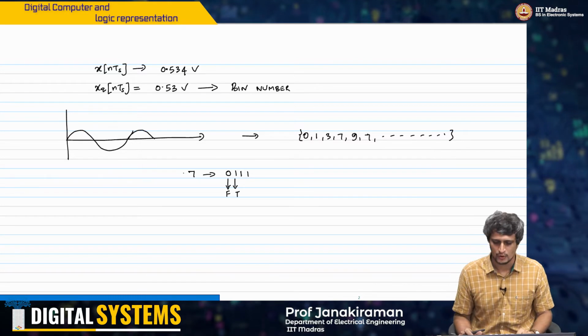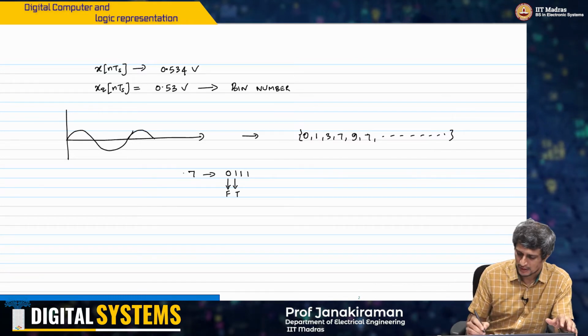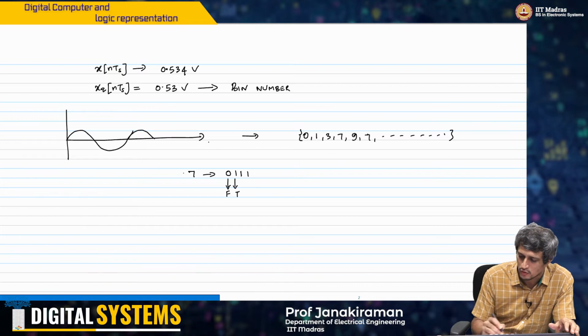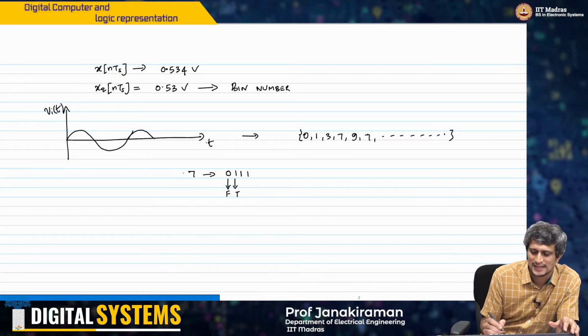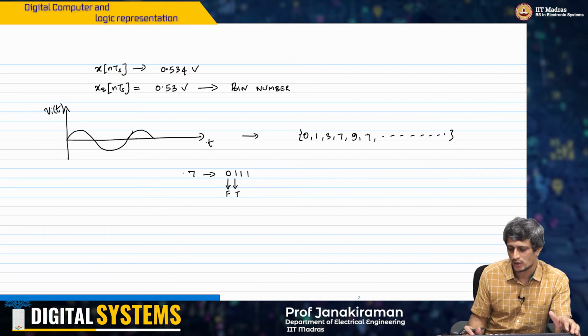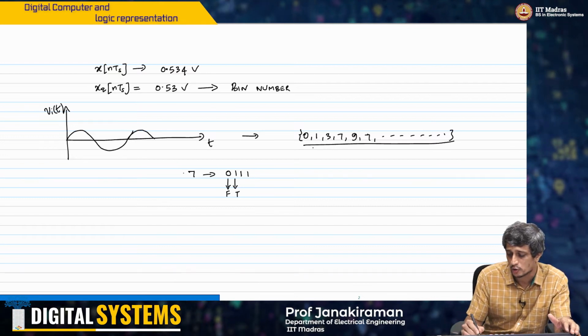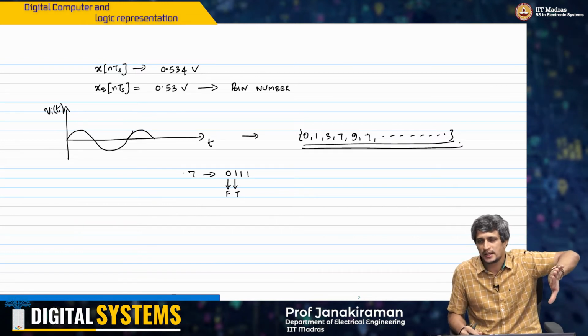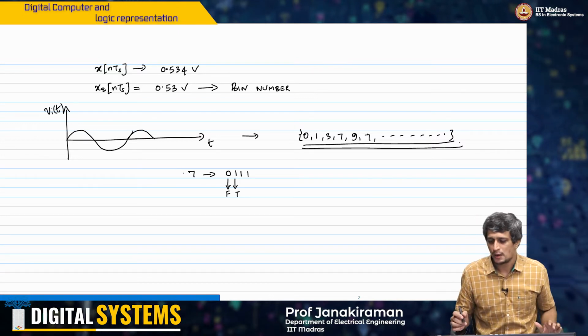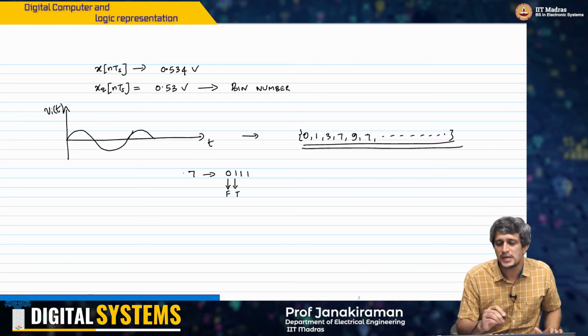So let us say that I took this V1 of t, I sampled it, time quantized, amplitude quantized, and I converted it to a sequence of numbers like this. I have to ensure there is no noise in this part when it is being converted and digitized, but let us say that I have been able to do that.